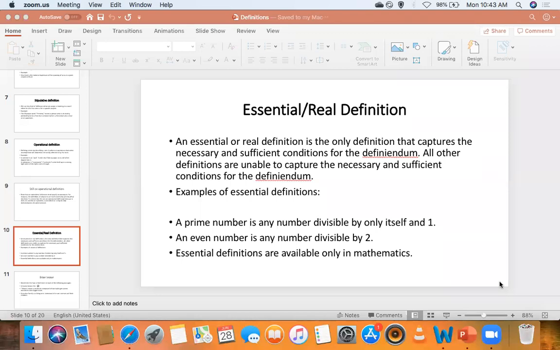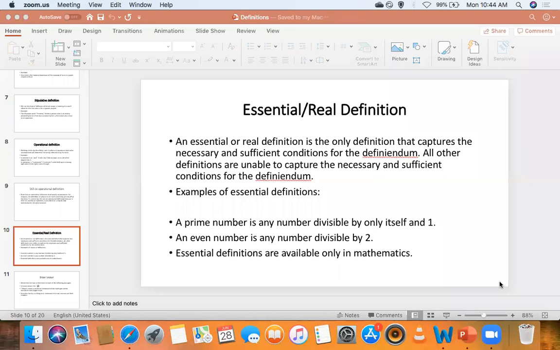But if it is a definition that is not an essential definition, and you are presented with just the definiens without the definiendum, and then you are asked to supply the definiendum, you might be confused because the definiens would not satisfy these necessary and sufficient conditions.